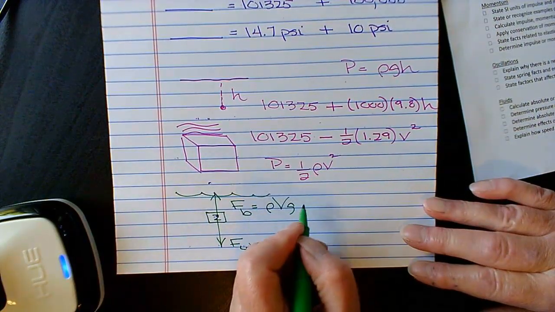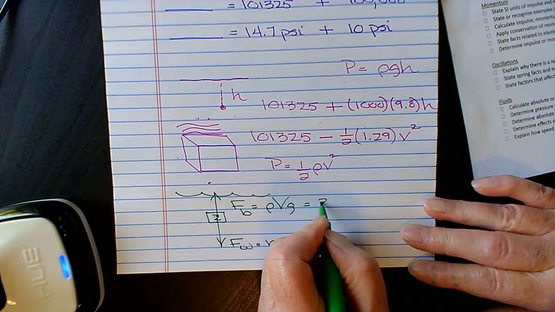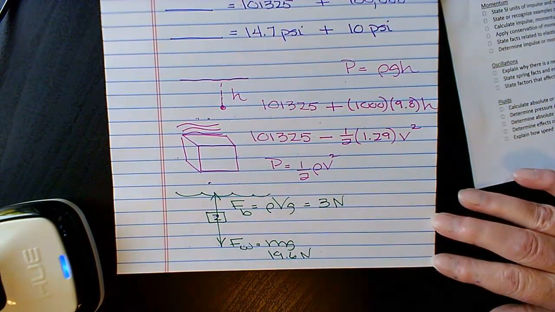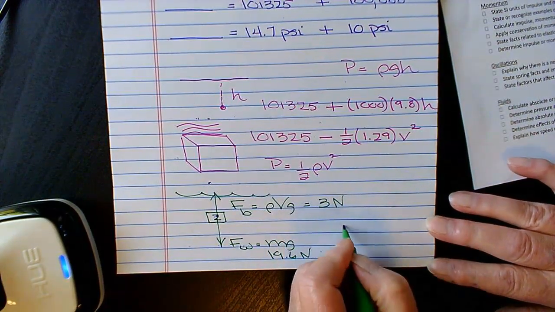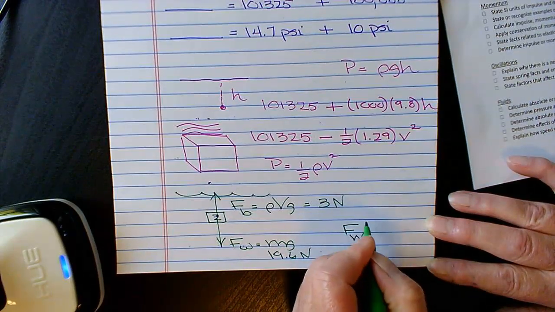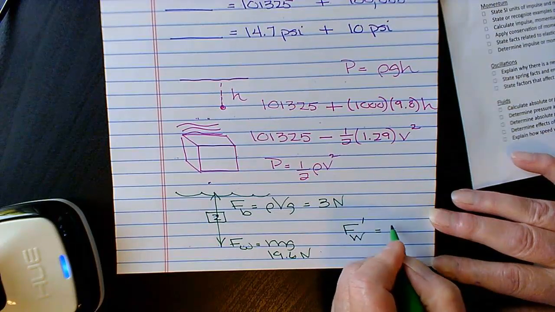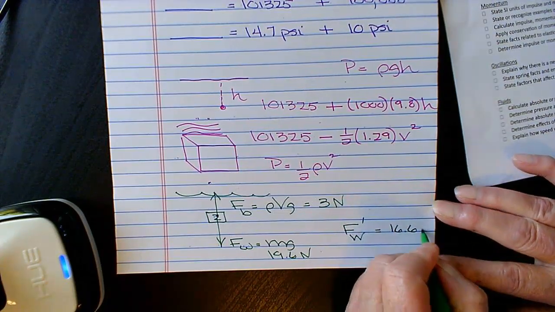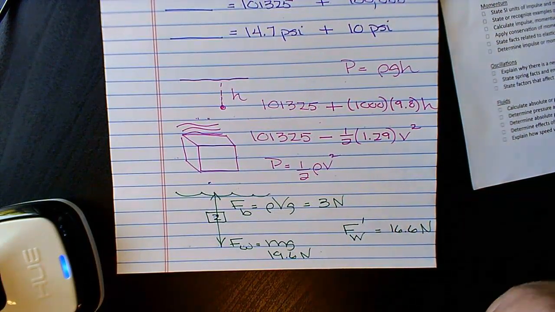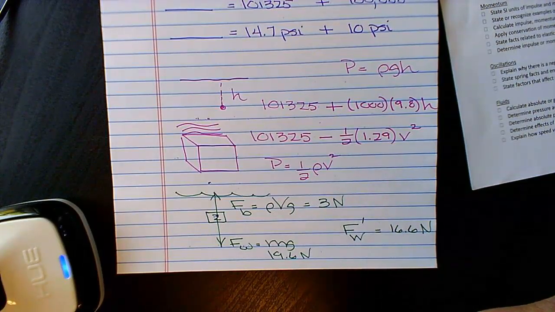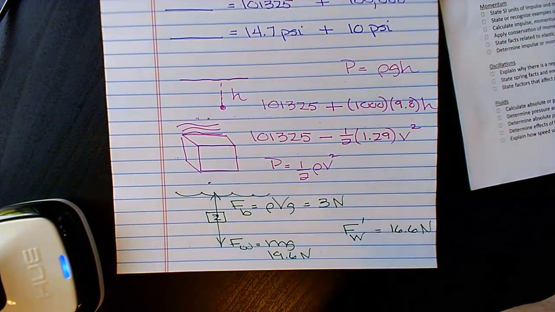And I'm just going to make up a number. So if the buoyant force happens to be 3 newtons, now the object is going to have a new weight. We'll call it the apparent weight. And that'd be 19.6 minus 3. That'd be 16.6. When I dip something, it's going to weigh less. That's all you need to know.